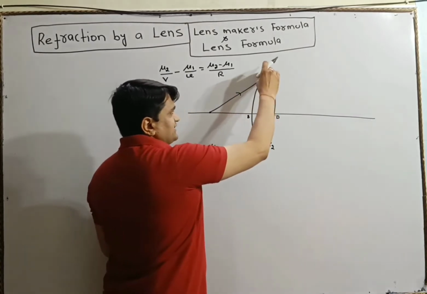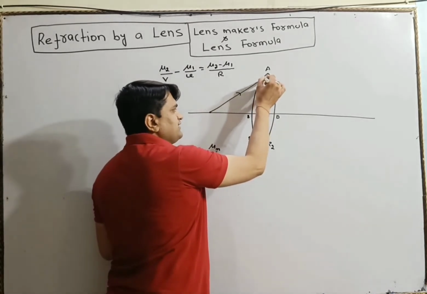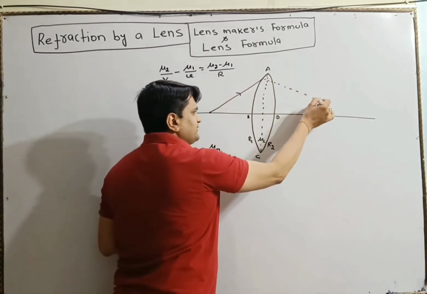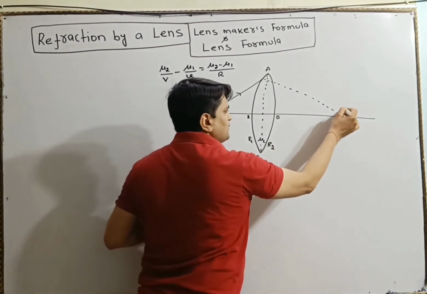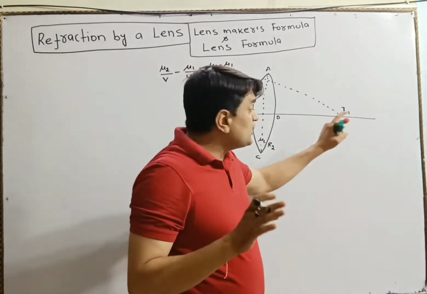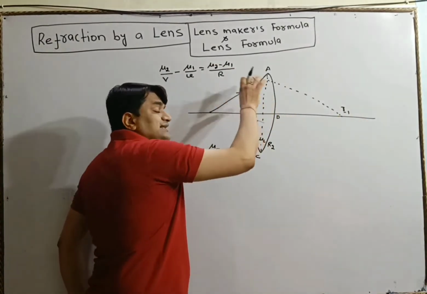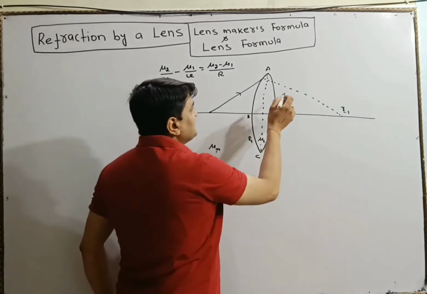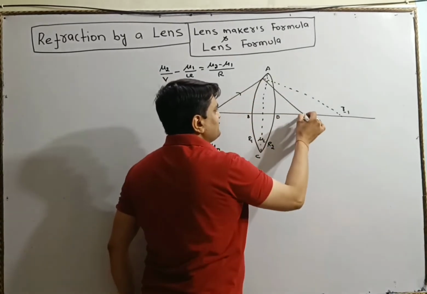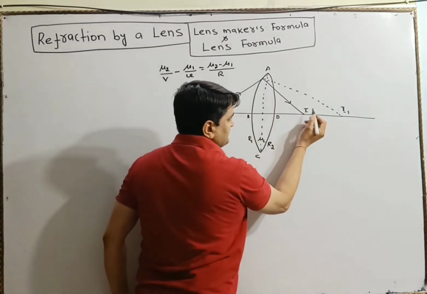If there is no second surface, then it must make an image. Let it be I1. Remember that this image is not formed in this medium. It is in the lens, because the final image will be like this after the refraction from the second surface. It will be the final image.